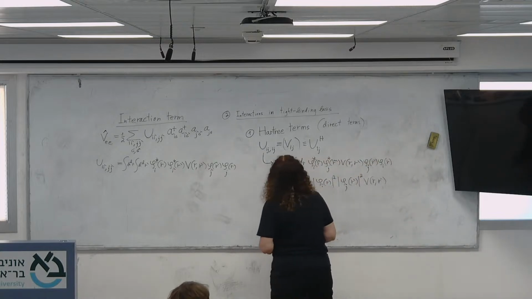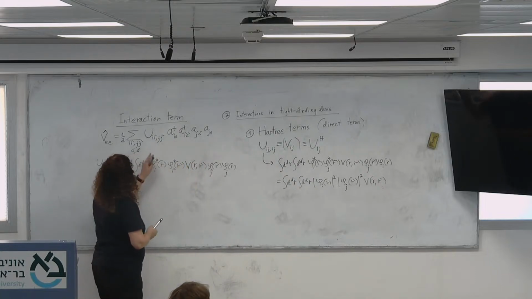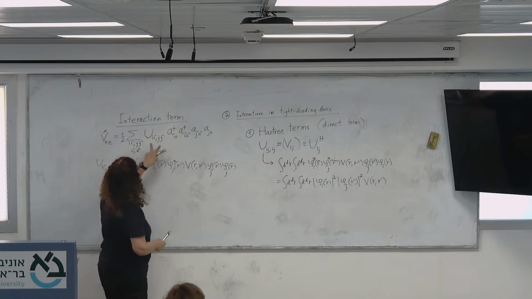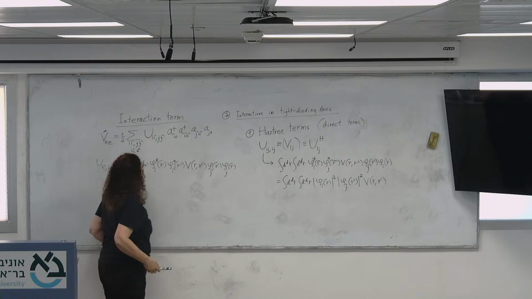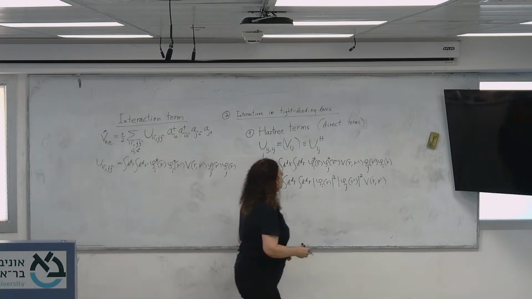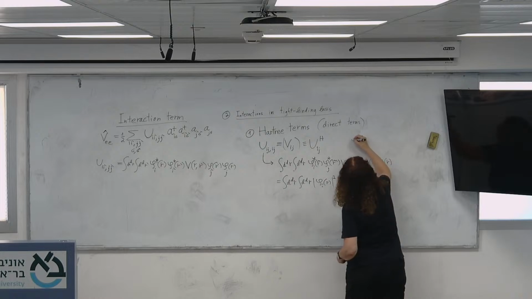But what is more important is to look at what kind of process is described by these coefficients. Because now let us see what operators come in. What is the process? Let me write this part, I want to call it V Hartree, a sum over i and j.